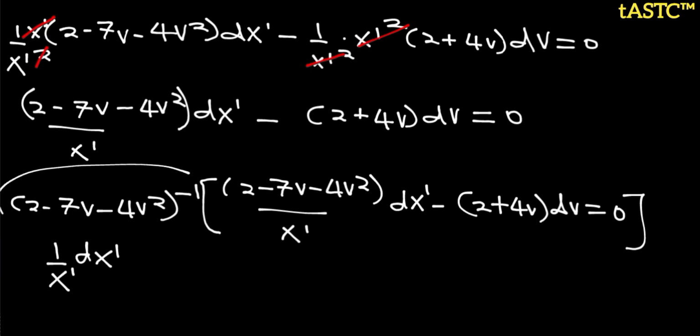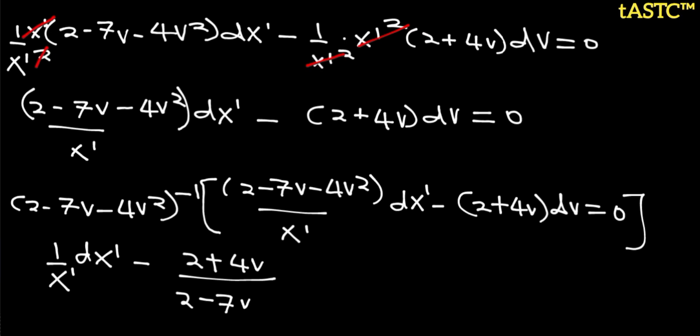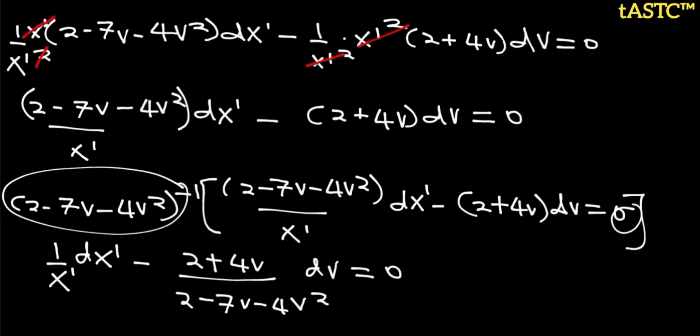So that is going to give us a 1 divided by x prime multiplied by dx prime. Now if you took this and multiplied it with this, that will basically give us a real form. We would have 2 plus 4v divided by 2 minus 7v minus 4v squared, because this is basically a reciprocal. This is dv, and this will be equal to a 0, because if we took this and multiplied it with a 0, that should give us a 0.